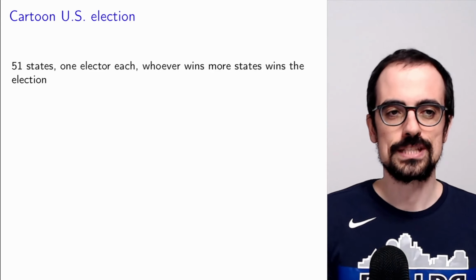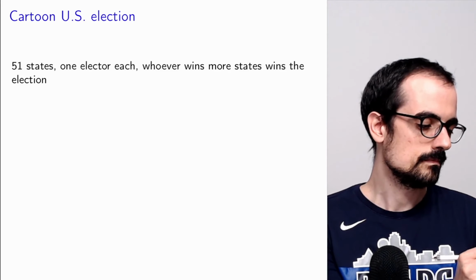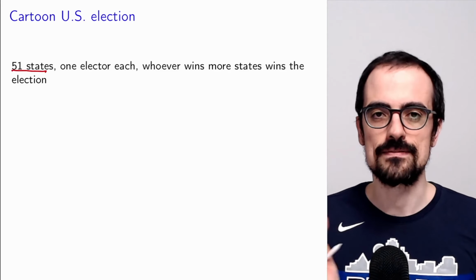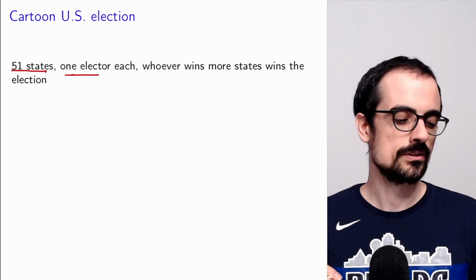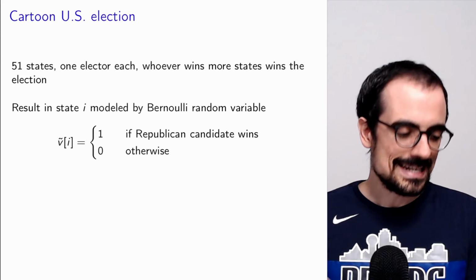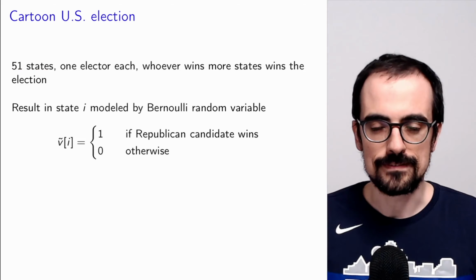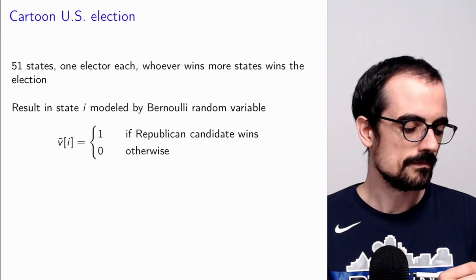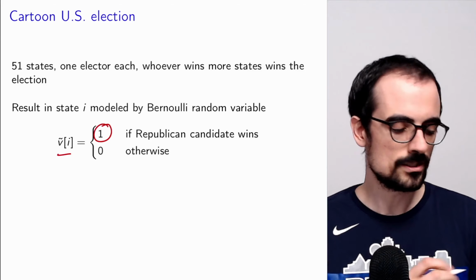We're going to consider a cartoon US election where there's still 51 states, but to make our life easy, all the states are the same. They have one elector each. So whoever wins more states wins the election. And now we're going to, again, define a random variable V_i for each state that tells us whether the Republican wins or not.